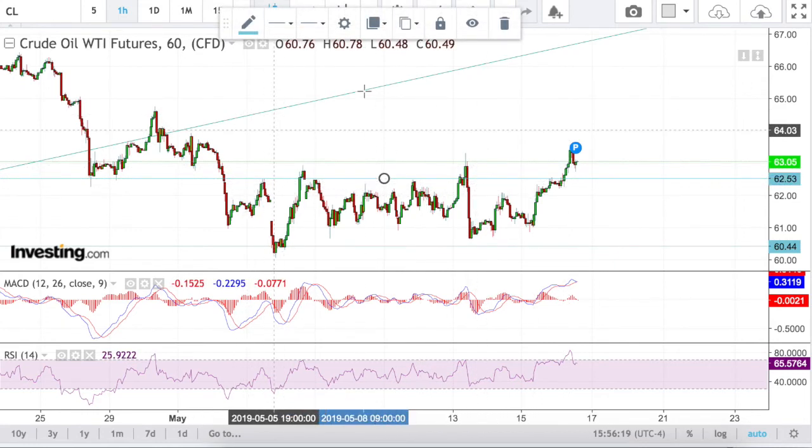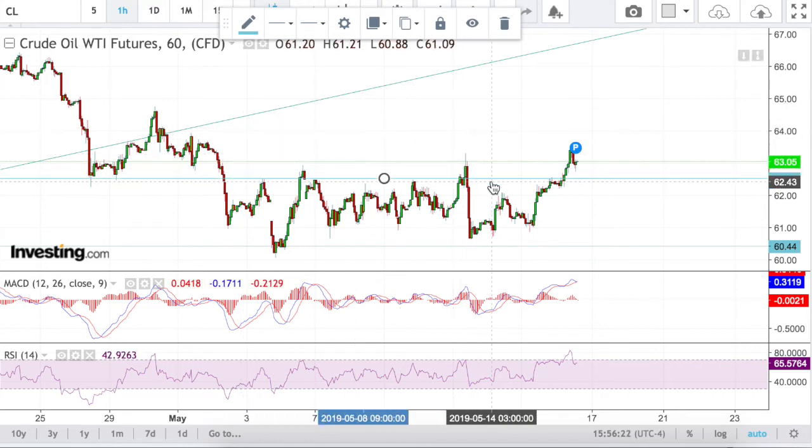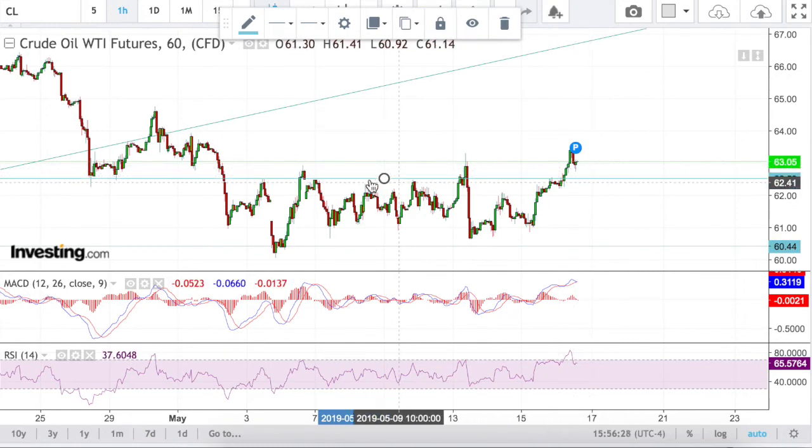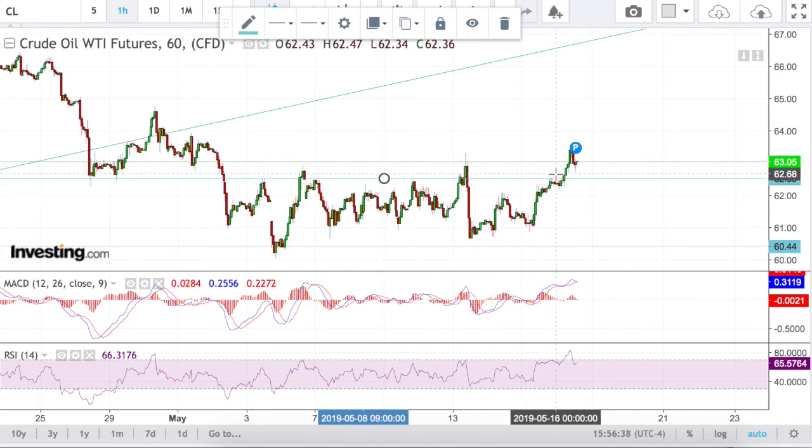Whilst, again on the daily chart, reversing off the zero line, confirming that it is a bullish trend, and so far we are above this hourly resistance level that we built with many reactions. 1, 2, 3, 4, 5, 6, broke it, and now we are above it. So that would be the stop loss, 62.5.